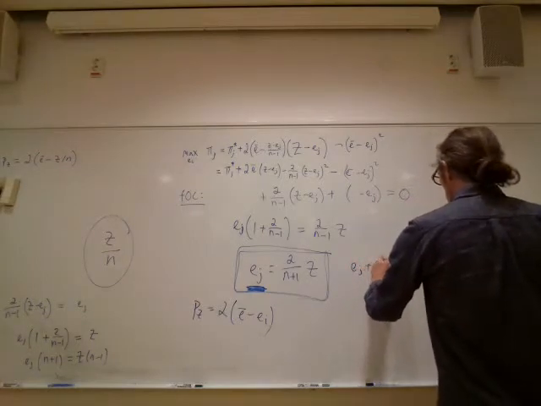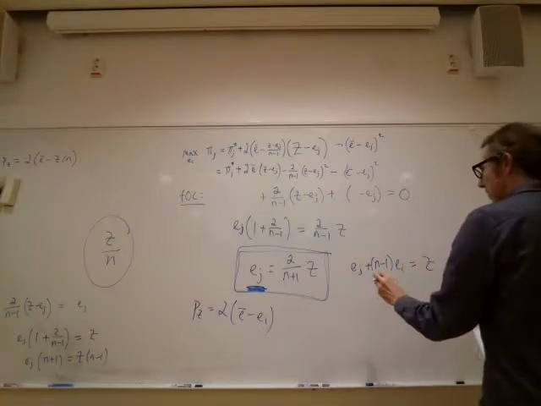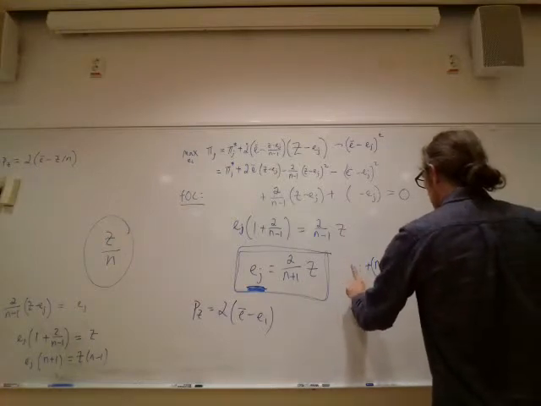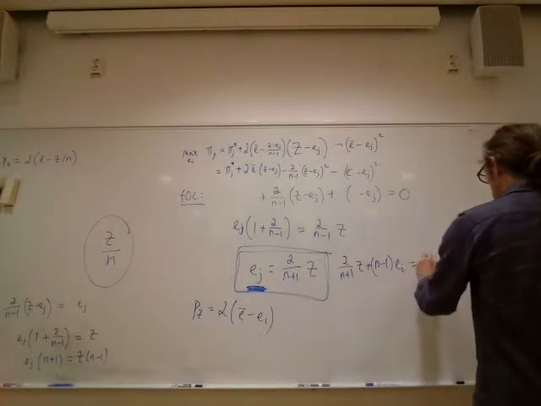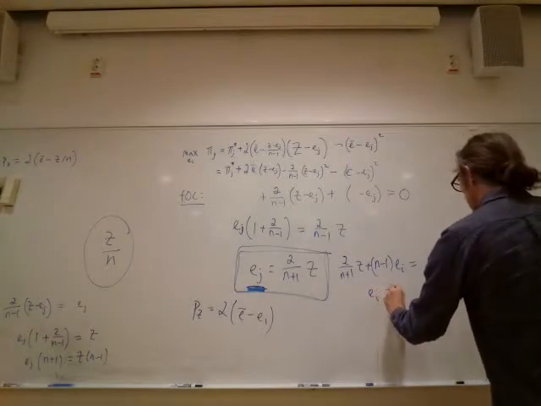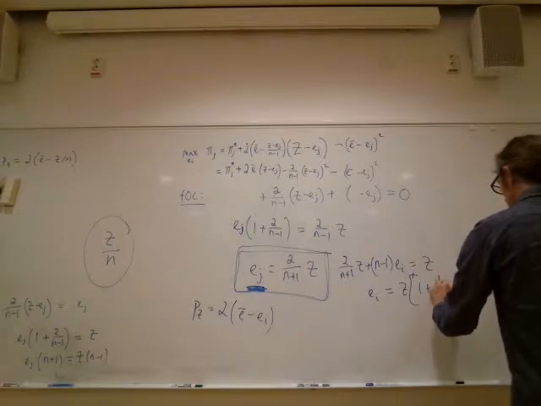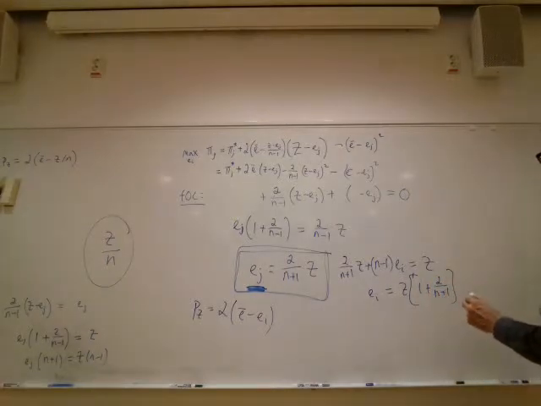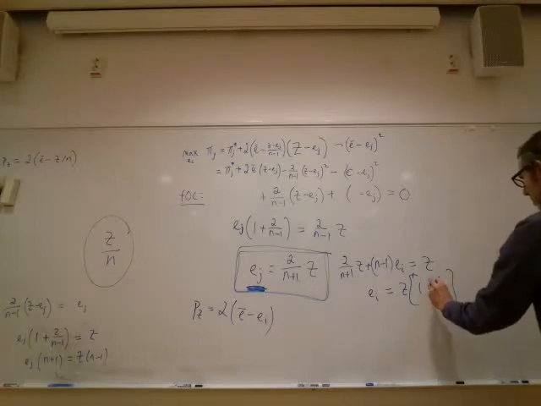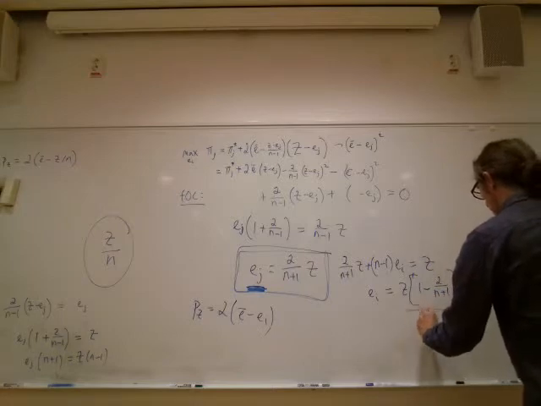EJ plus (N minus 1) EI equals Z. EJ is 2 over N plus 1 times Z. So EI is Z times (1 minus 2 over N plus 1) over N minus 1.